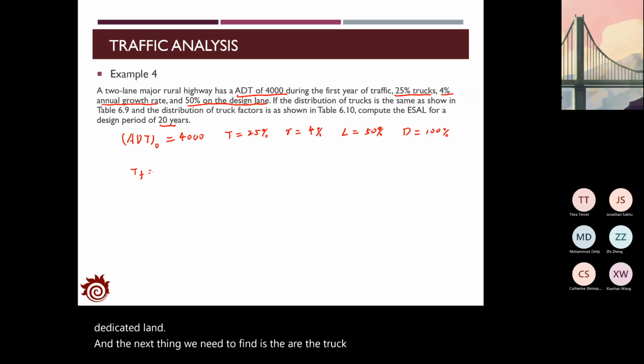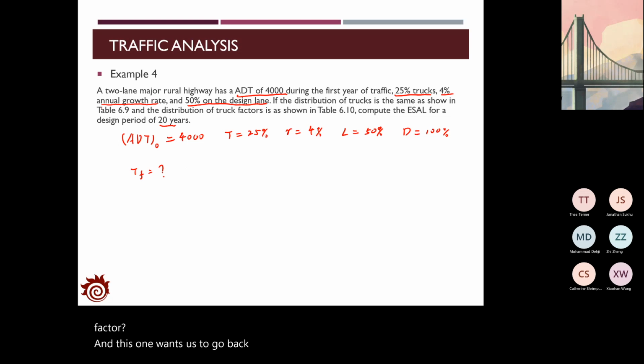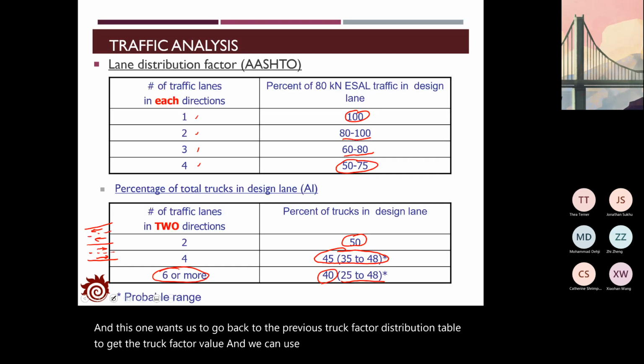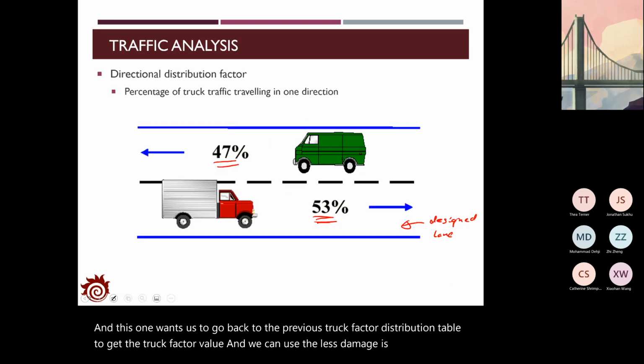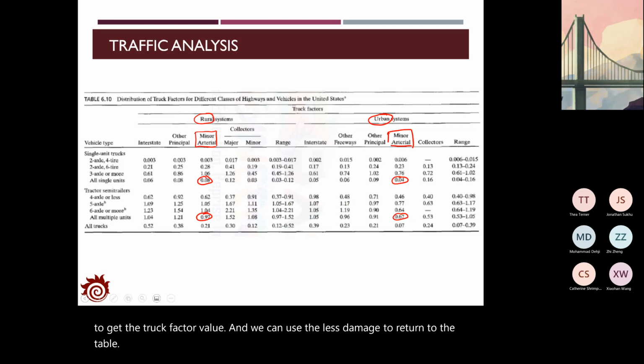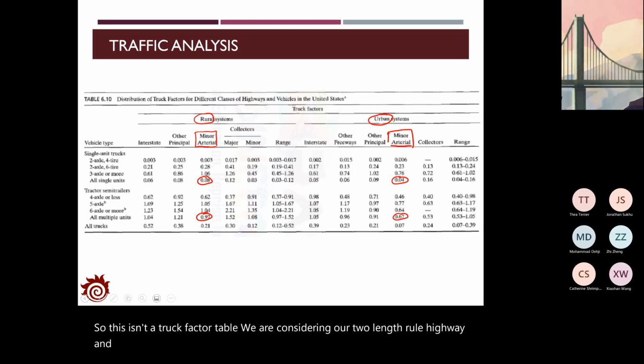And the next thing we need to find is the truck factor. This one wants us to go back to the previous truck factor distribution table to get the truck factor value. Let me just return to the table. So this is the truck factor table. We are considering a 2-lane rural highway, and I guess this is the one.